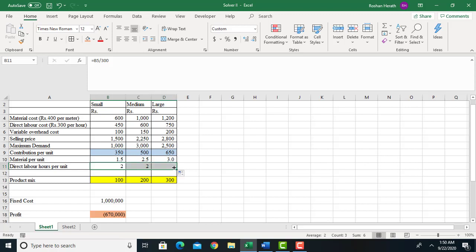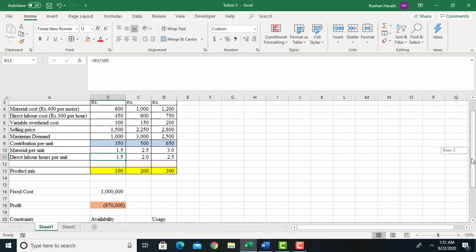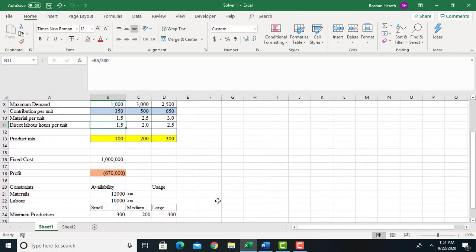So you can simply drag it, and again ensure that you identify the decimal places. Now it's fine. You can see that for small, medium and large, the material per unit and direct labor hours per unit are there respectively.